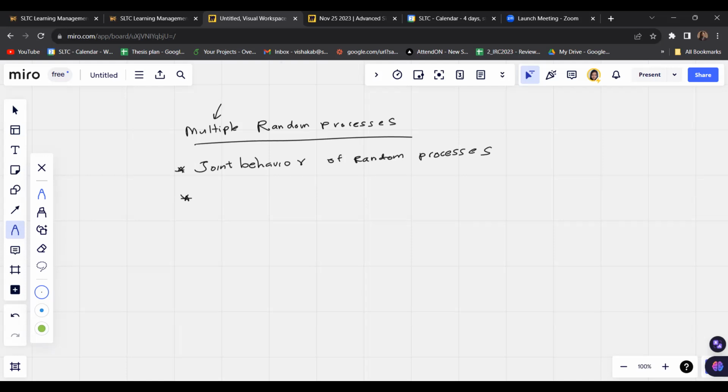When we try to define that, we will be using some parameters, namely the cross correlation function and the cross covariance function.